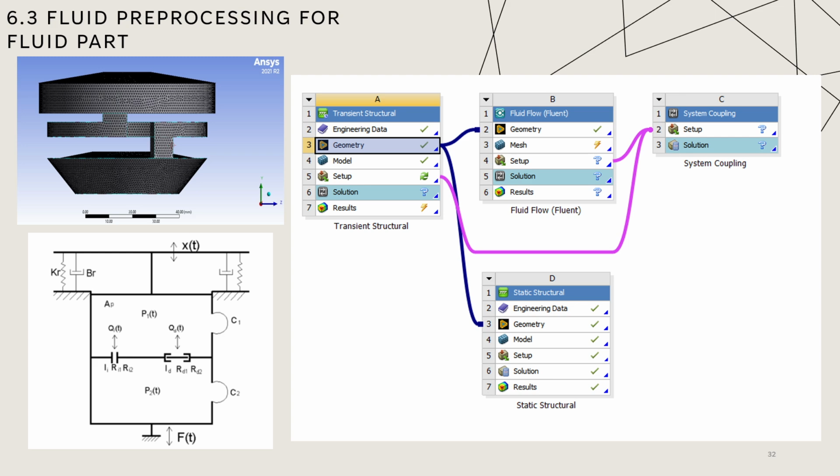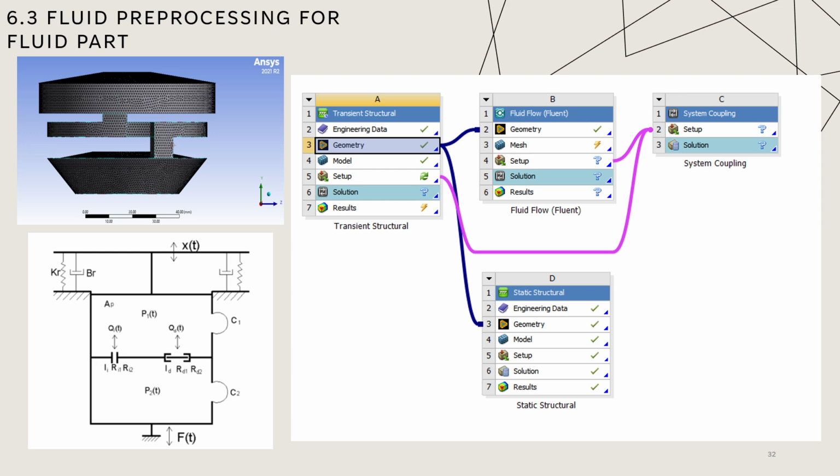P1 by time is the pressure of the fluid in the upper chamber, and P2 by time is the pressure of the fluid in the lower chamber. The Q_IT on your left side is the flow rate of the fluid through the inertia track by time, and the Q_DT by time on your right side is the flow rate going through the decoupler.